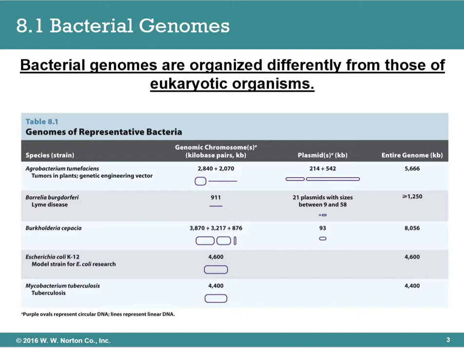And then sometimes they'll have extra genomic material, which is considered a plasmid, and that is also circular as well. So the difference between bacteria and eukaryote is that in bacteria and prokaryotes the genome is circular, whereas eukaryotic is more linear based.